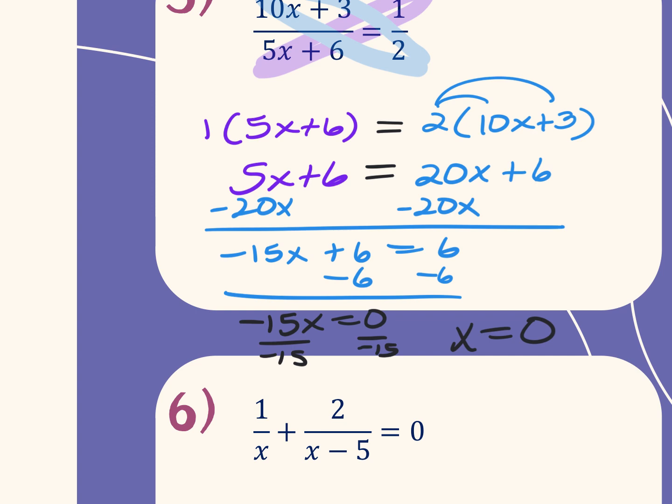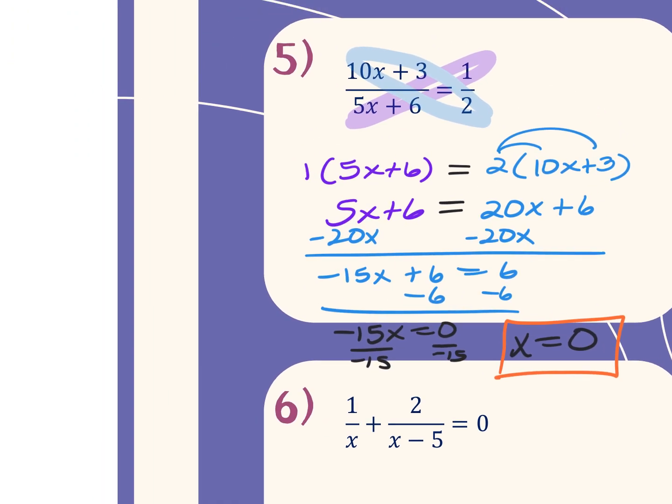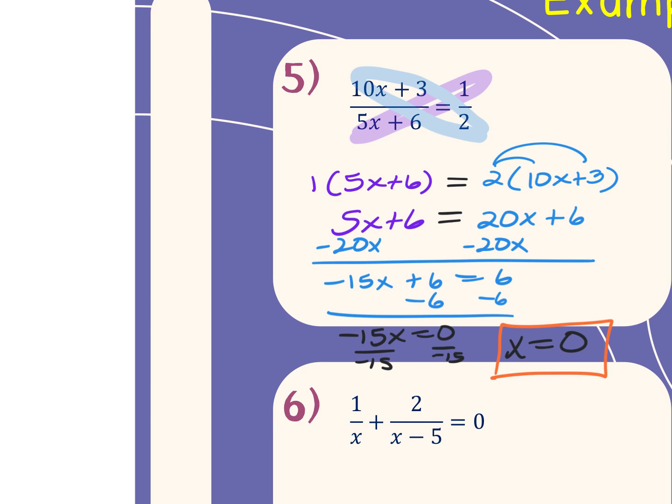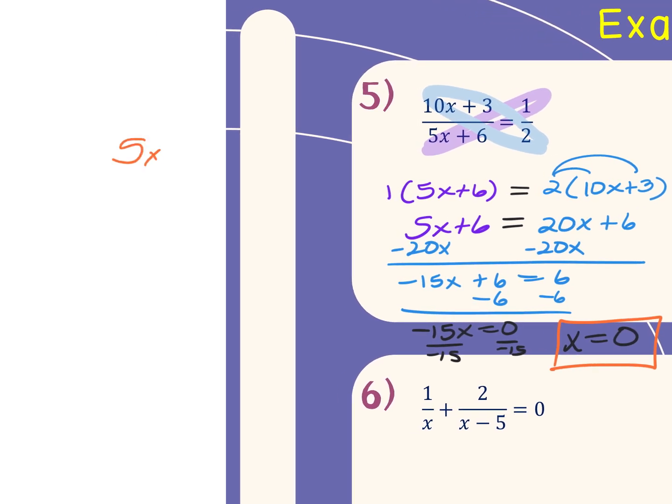Now, once you get your answer, we have to look. Is there a variable in the denominator in the original problem? Yes, there is, but when I plug in 0 into the 5x plus 6, it doesn't make that denominator 0, it just makes it 6.